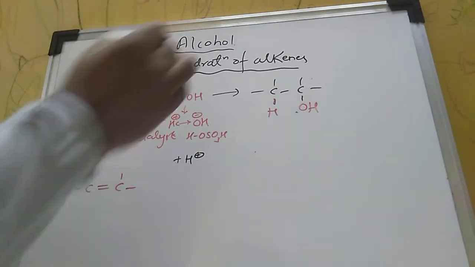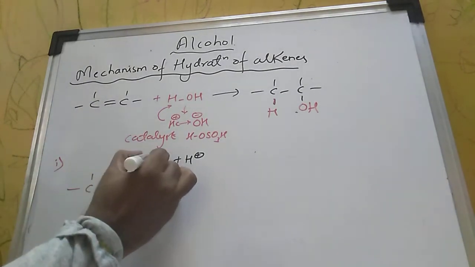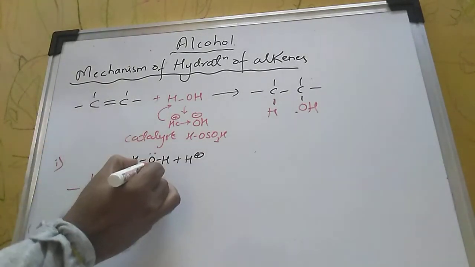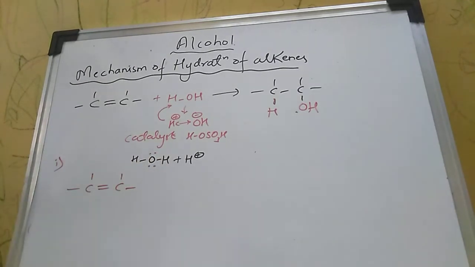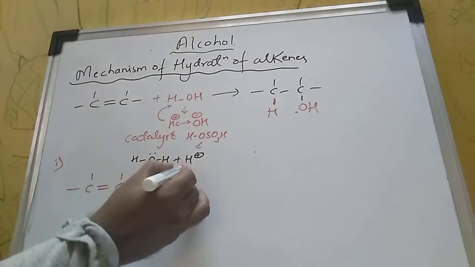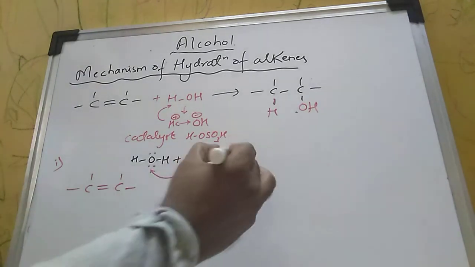Now the reaction is hydration of alkenes, means acid is added in presence of water, or water is added in presence of acid. So water, we have it over there, and the oxygen in water contains lone pairs of electrons. So this H plus provided by this acid goes and attaches to the lone pair on the oxygen atom.